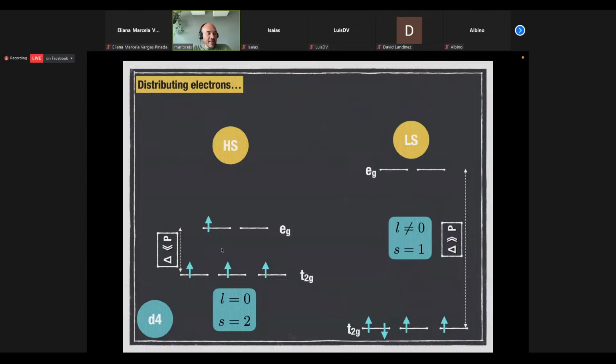The fourth electron goes in the EG orbital, 1, 2, 3, and the fourth electron goes in the EG orbital. This effective spin is 2. You can see the difference here between high spin and low spin configurations, spin 2 and spin 1.